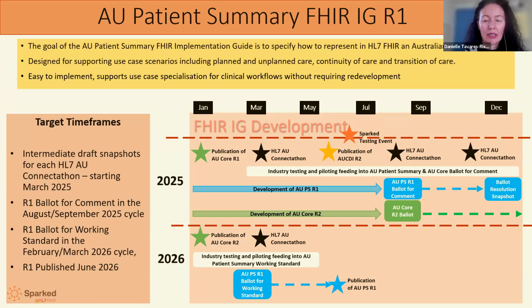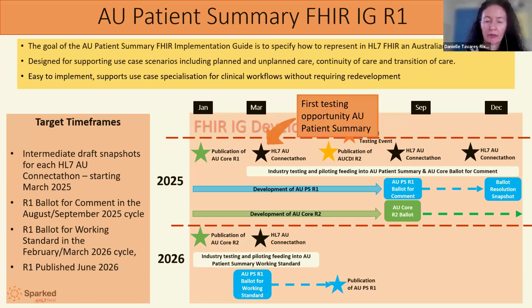And in the context of this overall time frame, our first opportunity to test some of the decisions that we've made, and we've made quite a lot, was the March Connectathon that we held in Sydney.